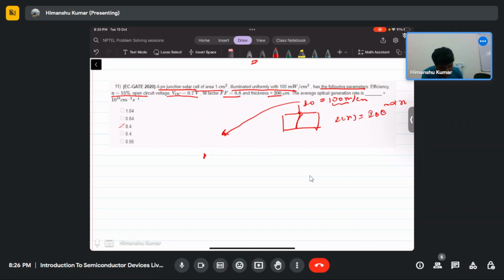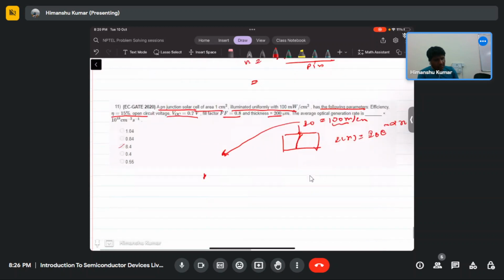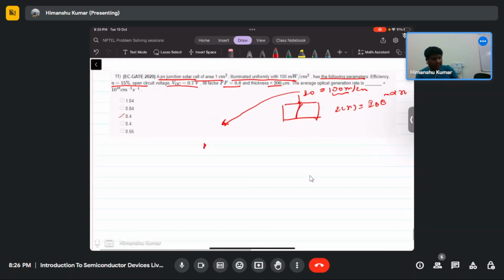So to calculate the flux, the total photon absorbed, we calculate the integral of I naught exponential of minus alpha x from 0 to L dx.